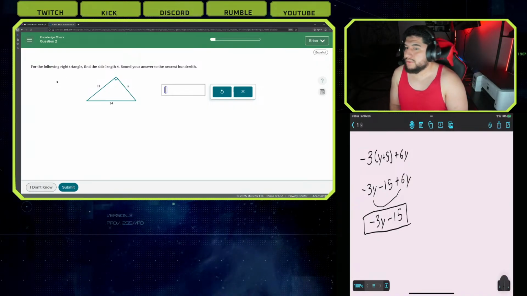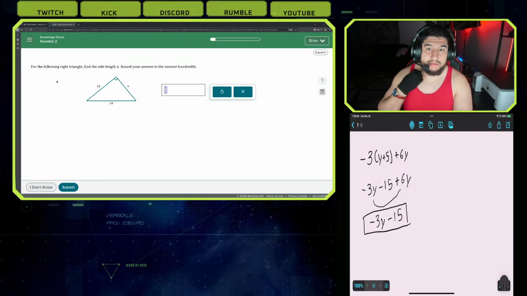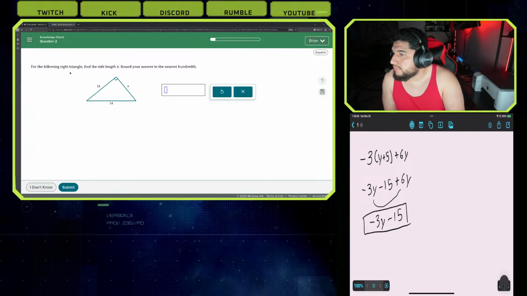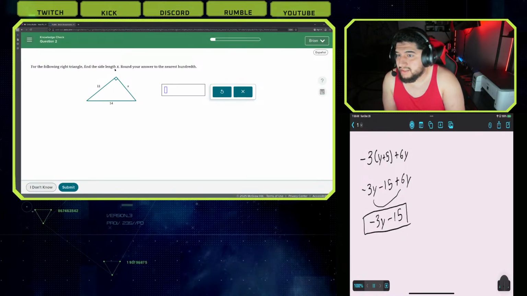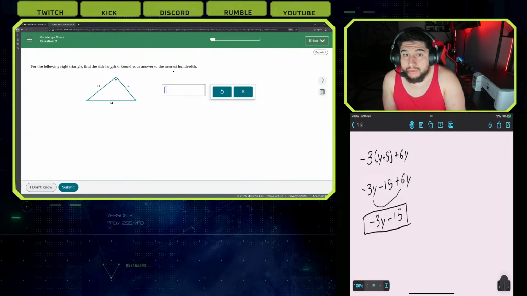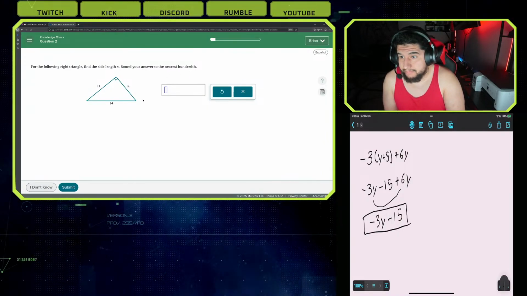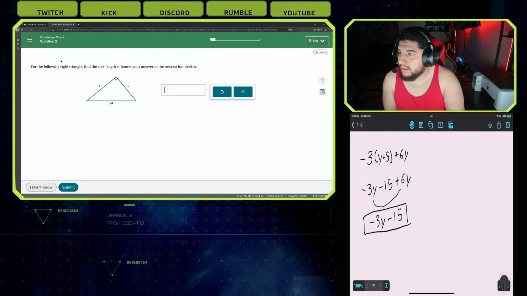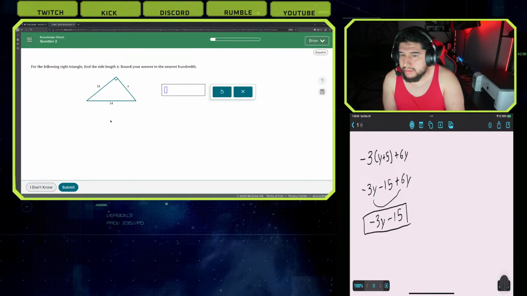Alright, we did not do any of this at all. But whatever's giving me a knowledge check on this. For the following right triangle, find the side length x. Round to your nearest hundredth. Alright, it's weird how it's giving me a knowledge check for something that we haven't really even done.